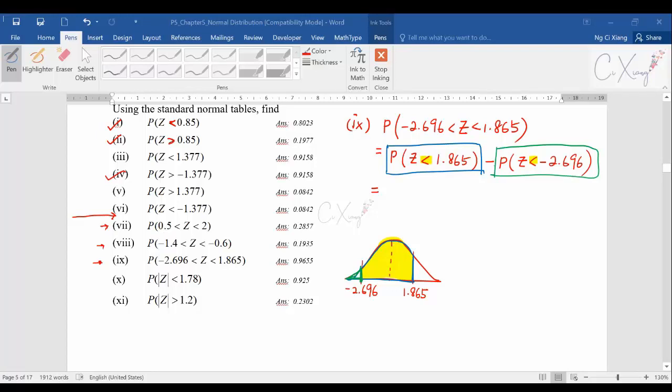Okay, so I'm looking for Z smaller than 1.865. You should get 0.969, right? If I'm not mistaken. So for this blue color one is 0.969.